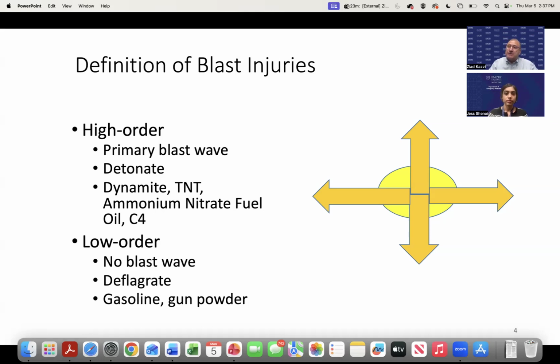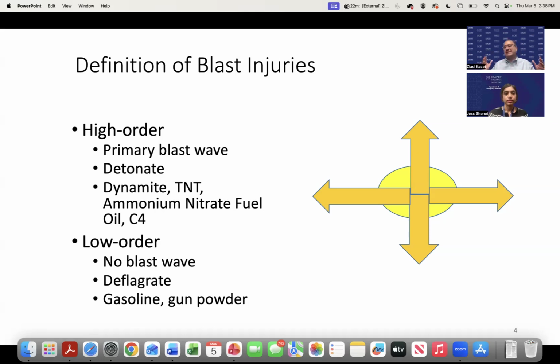Ammonium nitrate, which was the chemical that exploded in the horrific Beirut port explosion, that was a high order explosive. And again, when it detonates, the pressure wave that's released is supersonic. It will cause some specific clinical injuries that I'll tell you more about later.